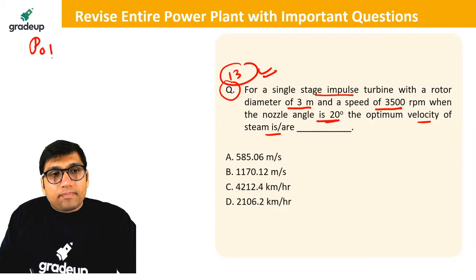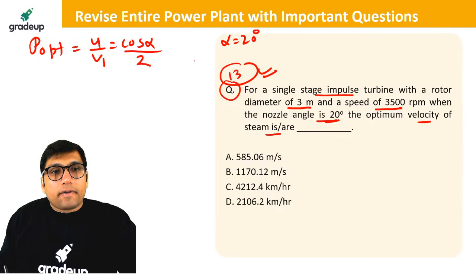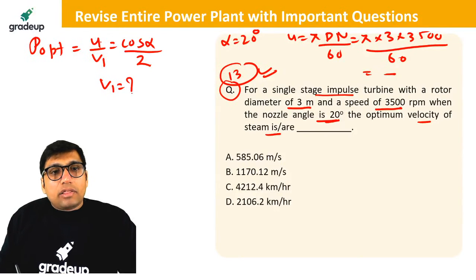Optimum velocity ratio for an impulse turbine is equal to U by V1, that is cos alpha by 2. Alpha in this question is 20 degrees. U you have to find as pi D N by 60, which is pi into D, which is 3, into N, which is 3500, divided by 60. You have to find the value of V1 in this question.